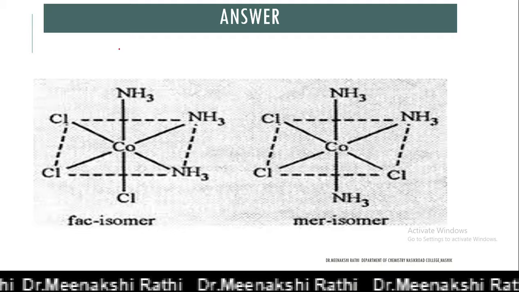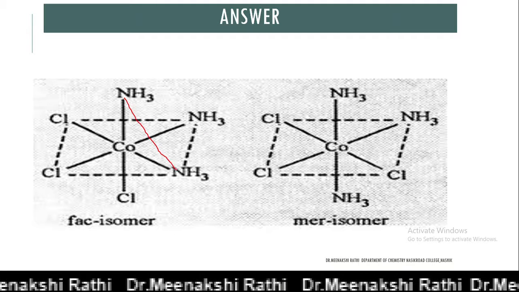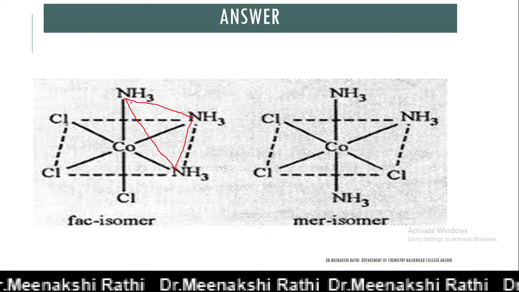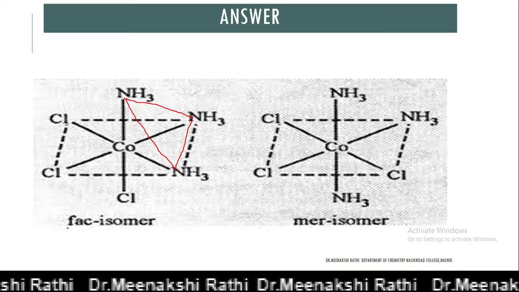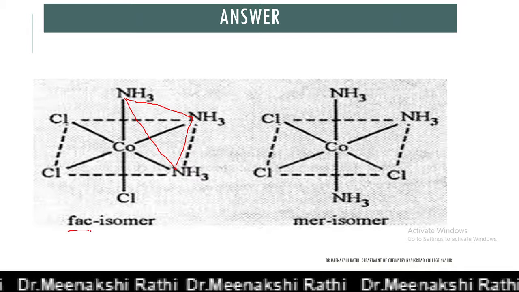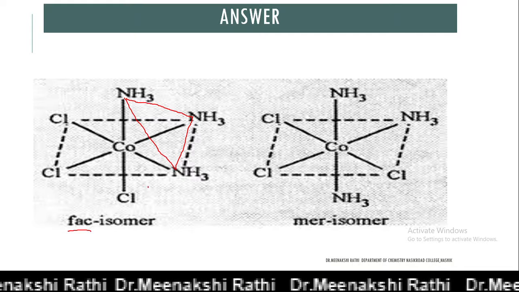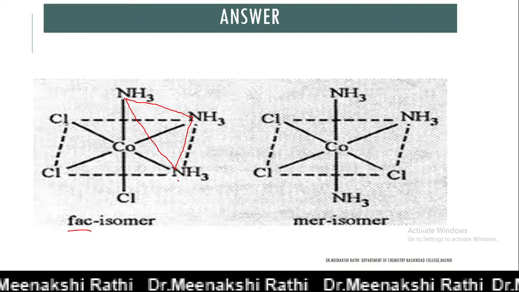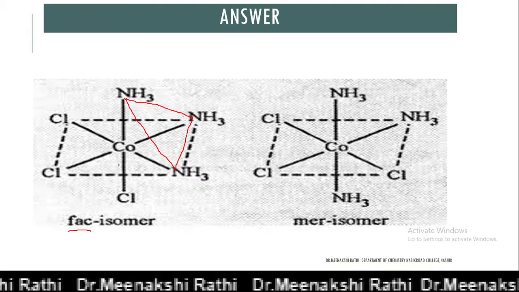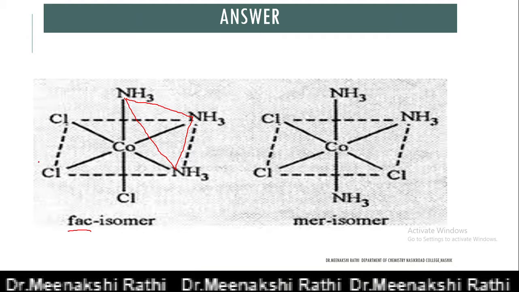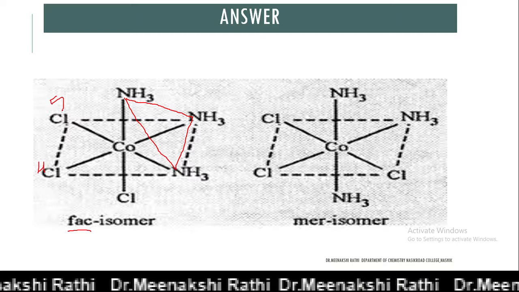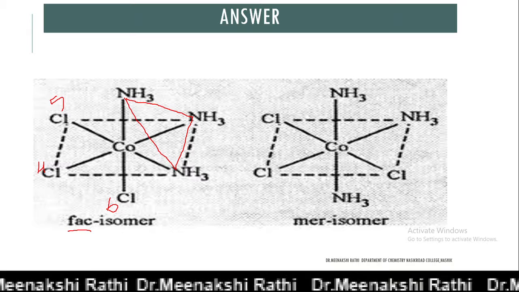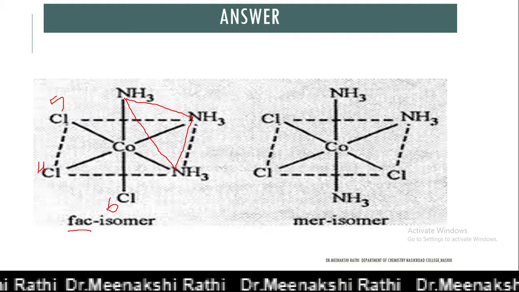Here you can see the three same ligands are present on one face, so it is also called the cis isomer or facial isomer. In this case, similar ligands are present at 1, 2 and 3 positions, or we can say at 4, 5 and 6 positions. Such an isomer is called the facial or fac isomer.